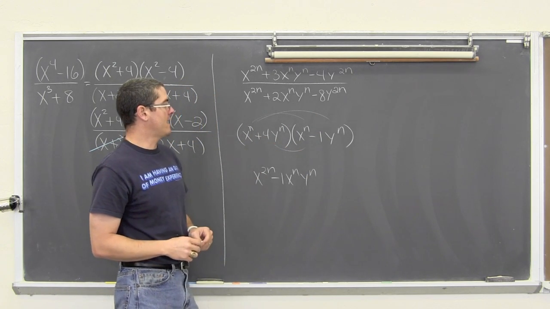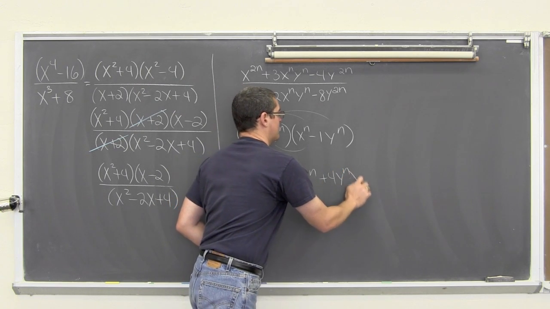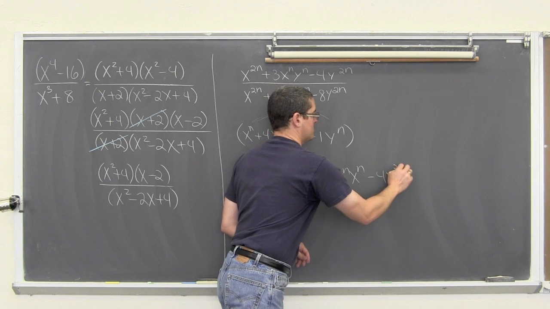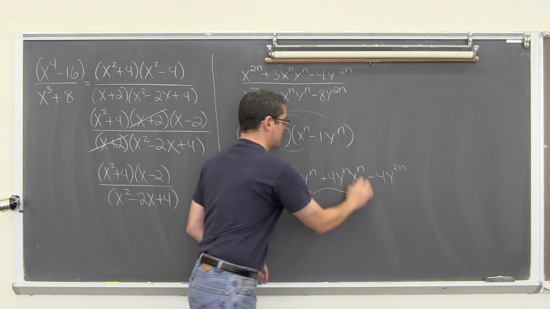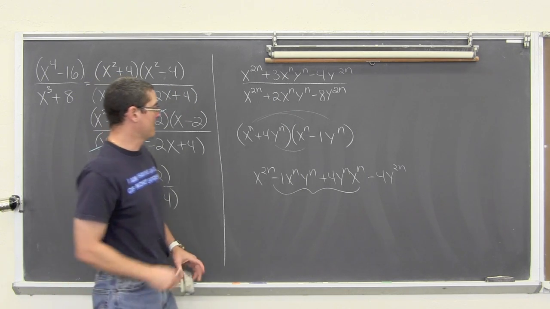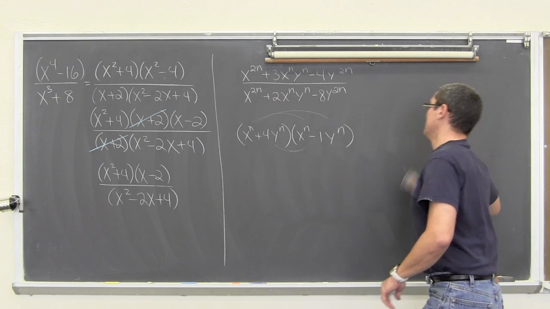Positive 4y to the n times x to the n is positive 4y to the n x to the n. And then finally we'll have our minus 4y to the 2n. Well, this is adding up to our middle term of the positive 3xy to the n powers. So that does factor and it is correct.